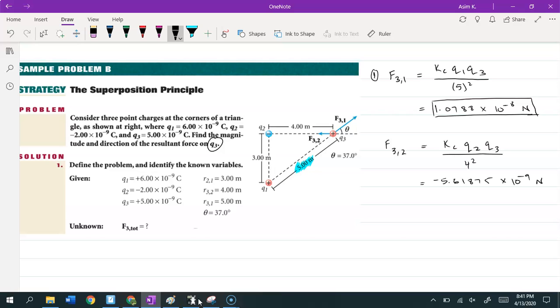Now, before we move forward, one thing that I want to discuss with you is the fact that, I mean, most people understand this from the beginning, but between charge 2 and charge 3, there should be a force that is attractive, right?